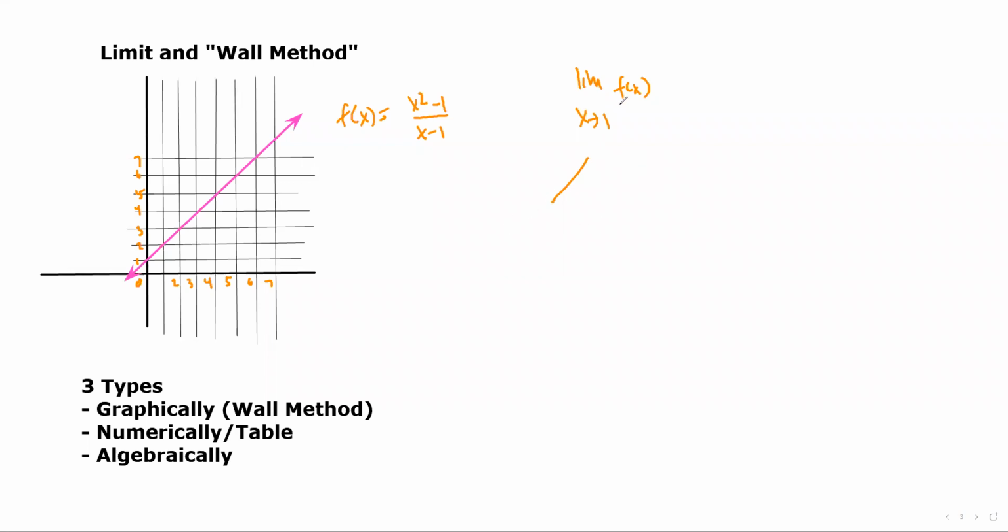When we have the limit of f of x as x approaches 1, we have to consider two scenarios. One is, what is the limit as x approaches 1 from the right side of f of x? And what is the limit as x approaches 1 from the left side of f of x?